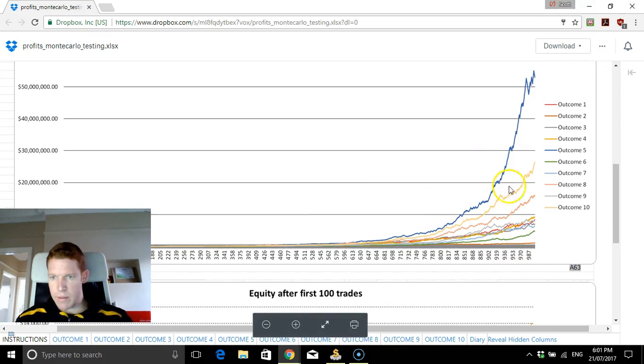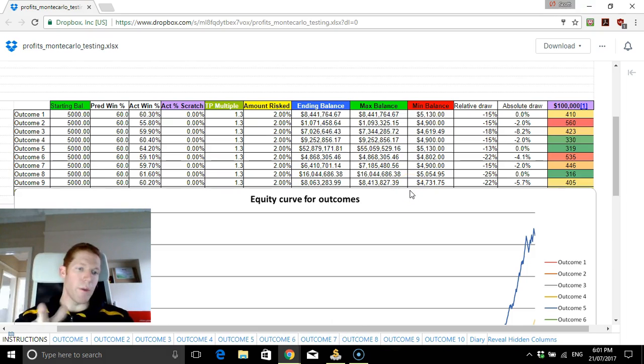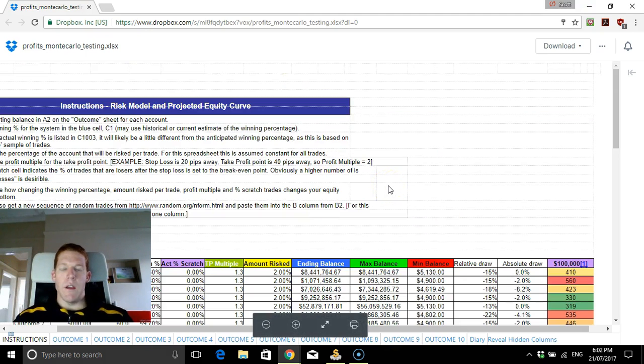That's a 5% difference, and it's the same risk to reward though. So it's the same risk, 2% risk, and 1.3. That means if you risk 100 pips, you're seeking 130 pips, and that's the win rate. So it's important to remember, guys.